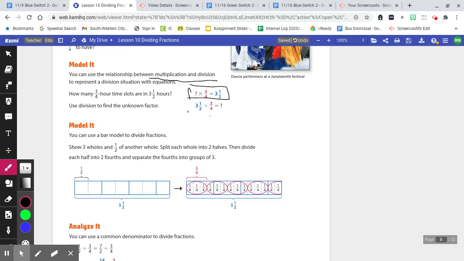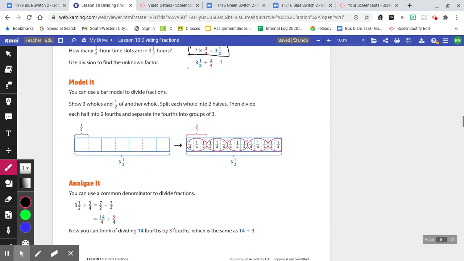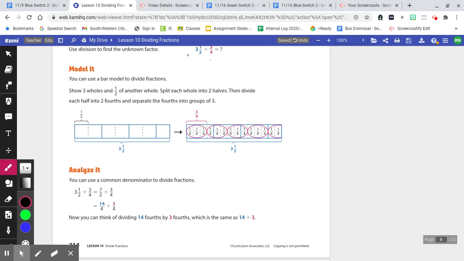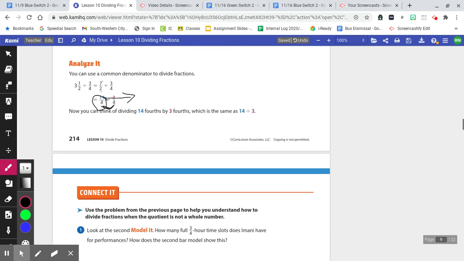Of course, I used a clock, which was round instead of the bar. Or you could have also done a common denominator. If I had a common denominator, I could have changed 7/2 to 14/4 and divided across. That only works if you have a common denominator. So let's go ahead and look at the next page.